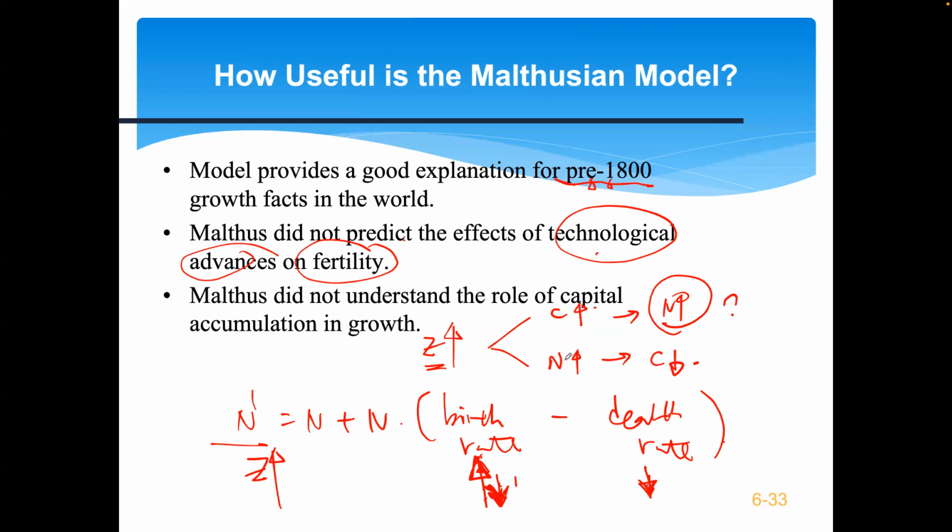This is number one. On the other hand, yes, even though you have an increase in population that leads to consumption decrease, he did not understand at that point that capital is going to help us increase production in a dramatically different way. So C is going to increase a lot, and this N is going to have very small impact on C. Why?